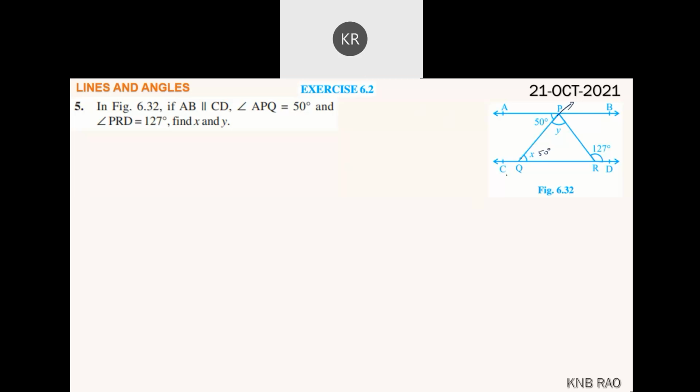If this is 127, then this total is 127. So 50 plus y equals 127 degrees, so y equals 77 degrees. So x equals 50 degrees, you know the reason, and y equals 77 degrees, you know the reason.